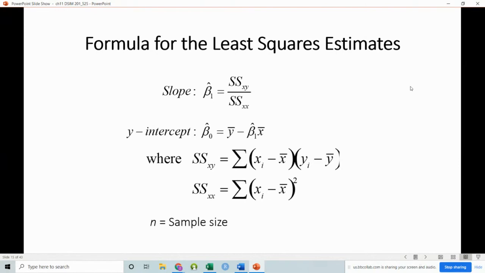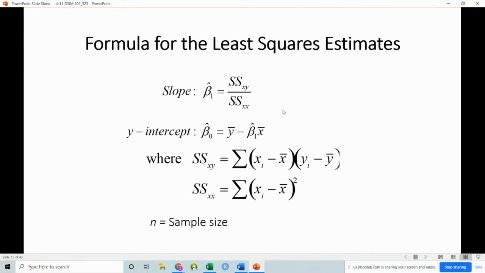So the formula presented here is how we find the different components based on the sum of squares. So we're talking about that distance from the point to the line, and we're going to square those. So first we have the sum of squares xy, and the sum of squares xx.